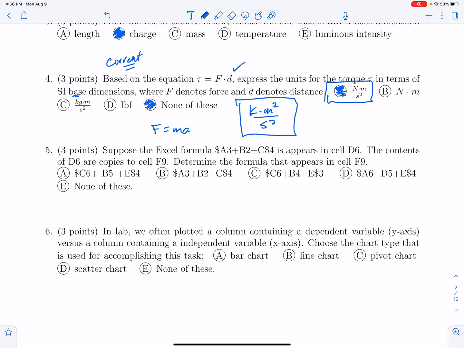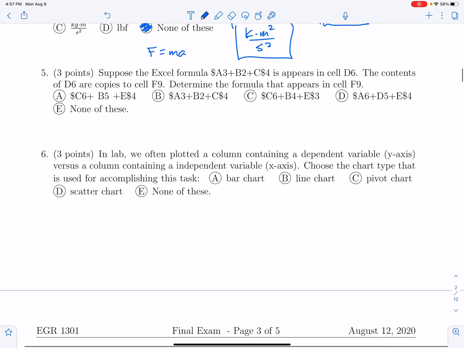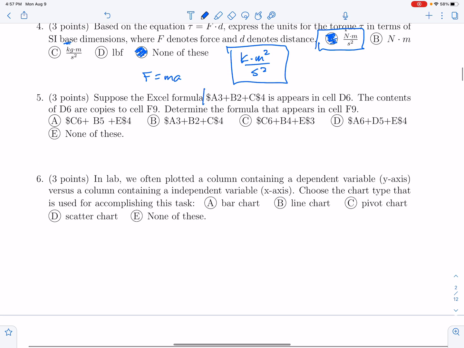All right. So next, let's move to Excel. You should know a little bit about Excel, especially the indexing rules for Excel. And so I'm looking at this, and I have this formula that's cut or copied and pasted into another cell. Okay, so it's stored in D6, and it's copied to F9.